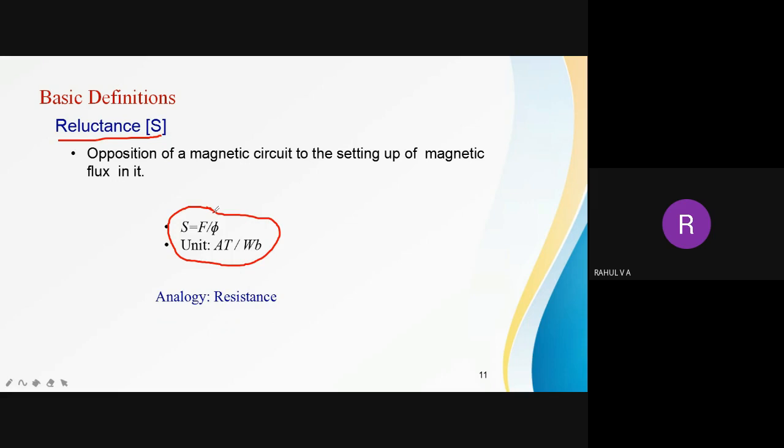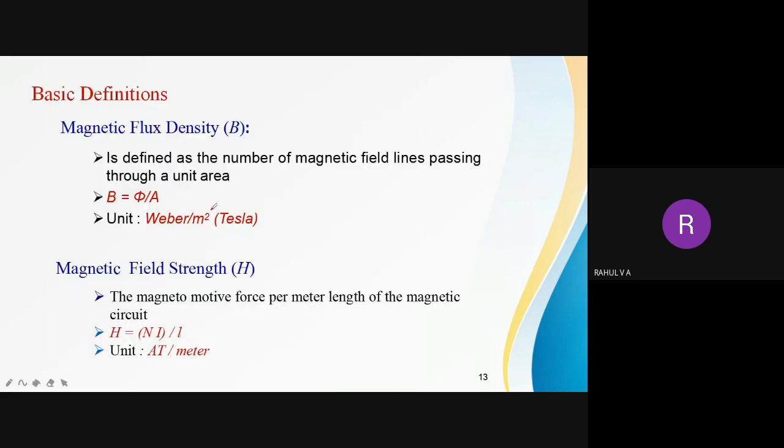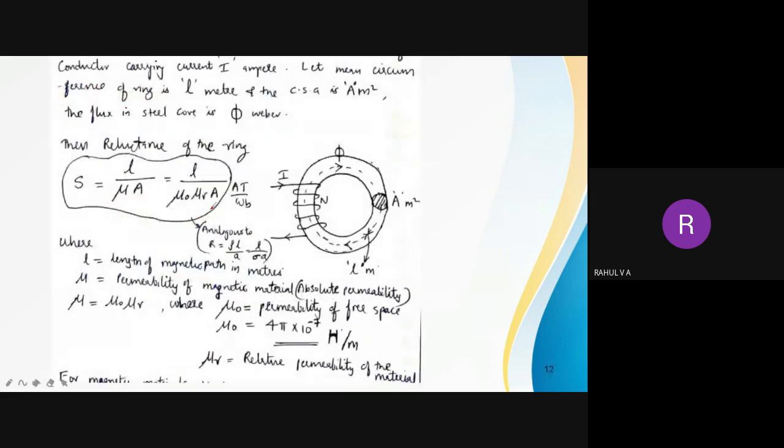So we were learning this kind of equations and terminologies in the last few classes, and we also have an equation for reluctance, that is L divided by mu A. It is something like resistance is equal to rho L by A, where R is resistance, rho is the resistivity, L is length, and A is area.